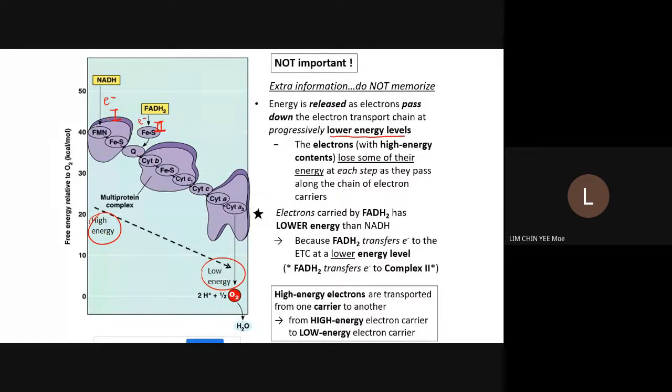So NADH dekat complex 1 ini yang highest energy lah, sebab tu dia dapat produce more ATP. Sebab dia bagi electron dekat complex 1 with higher energy level. Whereas complex 2 lower energy level, so FADH2 dia start dekat complex 2, mestilah dia pun dapat produce less ATP, only 2 in this case.